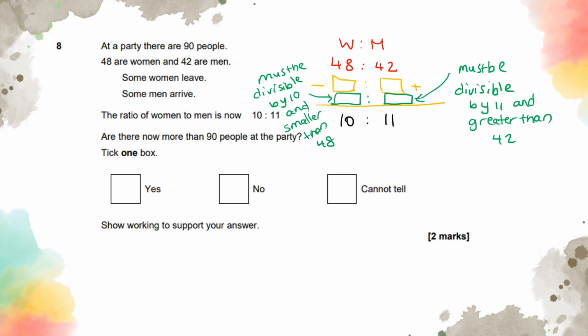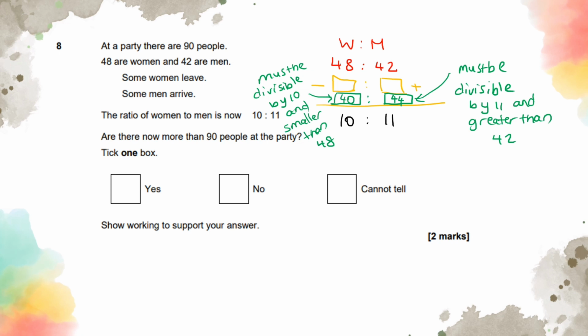So any number that's going to be around 48 and 42 that could be divisible, for 48 over here to be divisible by 10, I'm going with 40, and over here I'm going with 44. 40 is less than 48 when divided by 4 is going to give you 10. 44 is greater than 42, and when divided by 4 is going to give you 11.